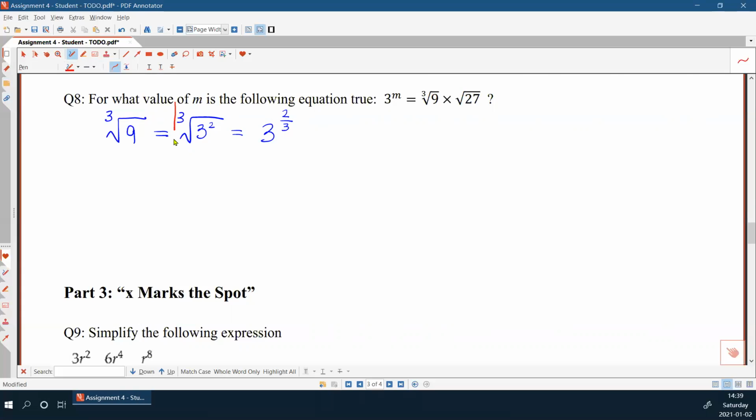Pay attention to the transformation here. This is very important. Because for any number x, x to a over b times gives you x to a and then b's root, right?